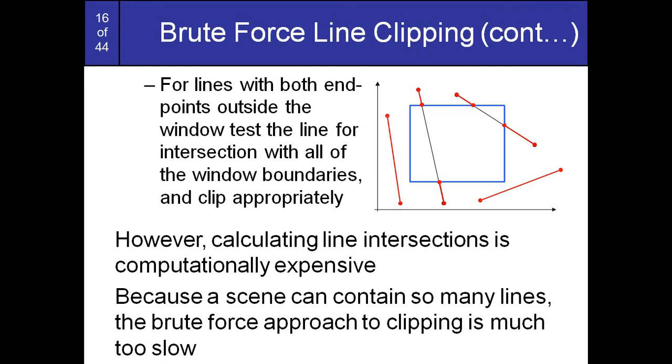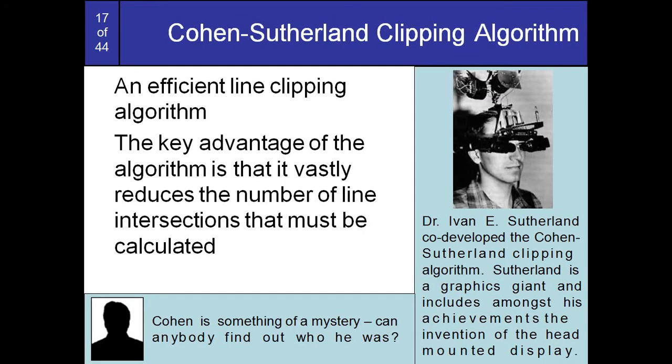Fine. So coming on to the next algorithm, that is the Cohen-Sutherland clipping algorithm. Compared to the brute force line clipping algorithm, it is quite an efficient clipping algorithm. The advantage is that it reduces the number of line intersections that must be calculated.